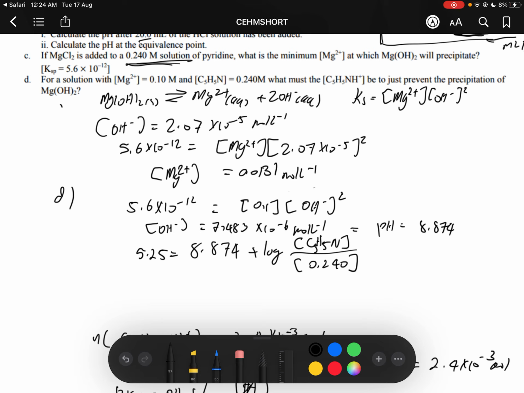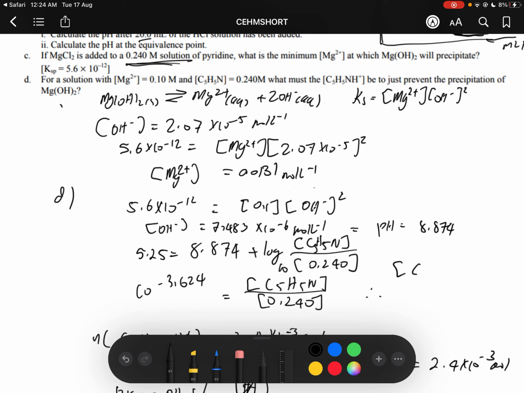Now we can solve to find the concentration of C5H5N. 10 to the power of negative 3.624 equals the concentration of C5H5N divided by 0.240.